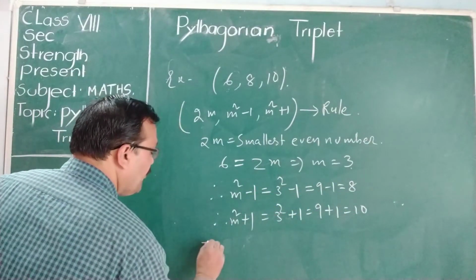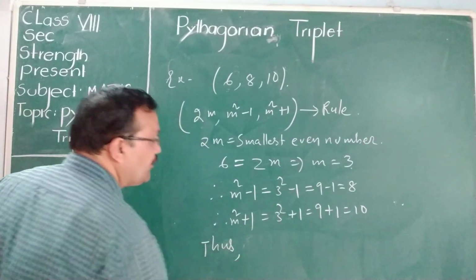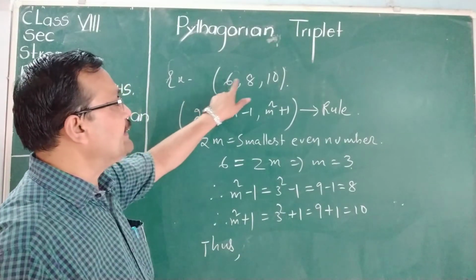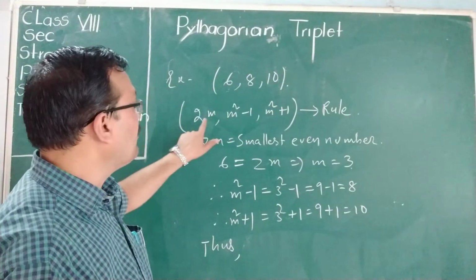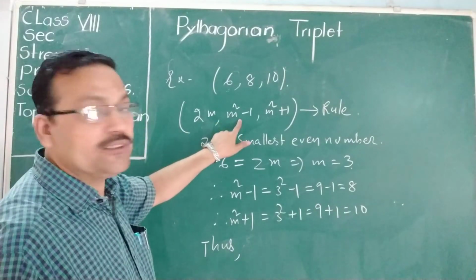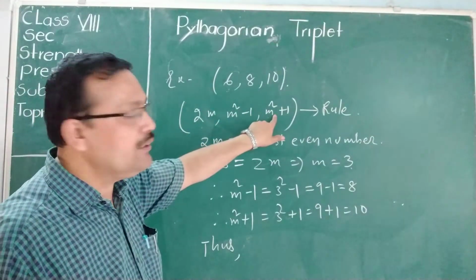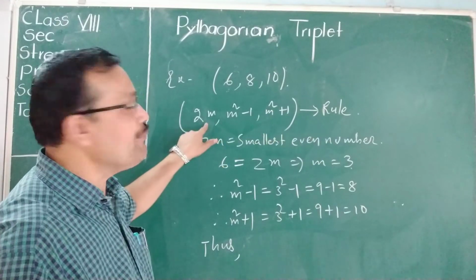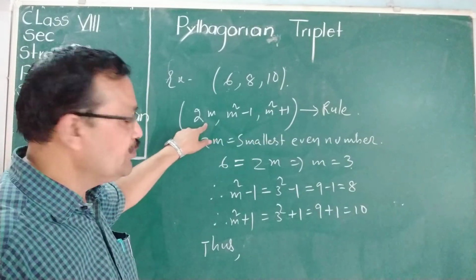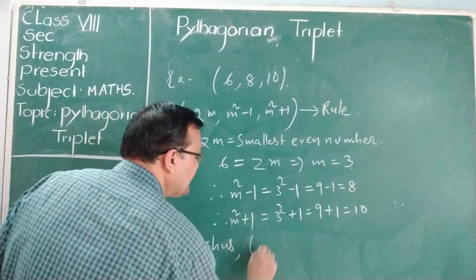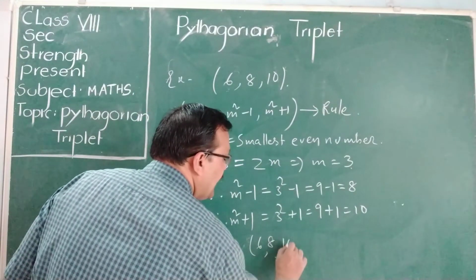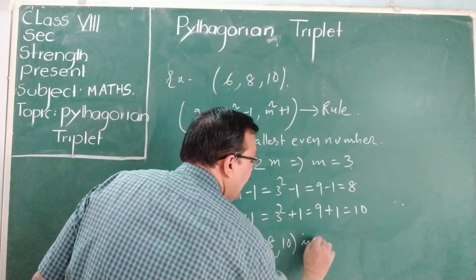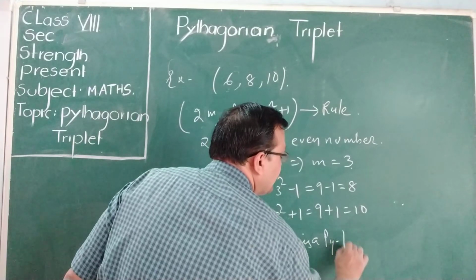Thus we conclude that 6, 8, 10 follows the rule 2m, m square minus 1 and m square plus 1, where 2m is the smallest even number. So we conclude that 6, 8, 10 is a Pythagorean triplet.